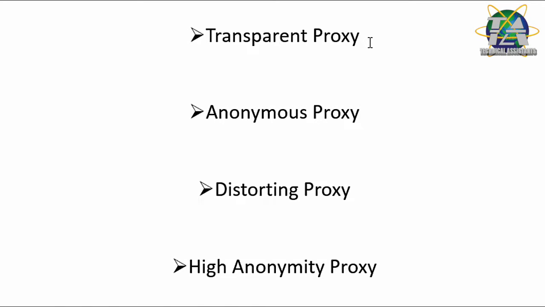This proxy server is generally used for web caching, while for anonymous proxy, it hides the IP address, while distorting proxy shows incorrect IP address instead of hiding it. Lastly, the high anonymity proxy is a proxy server that does not identify itself as a proxy server. It also does not make the IP address available.